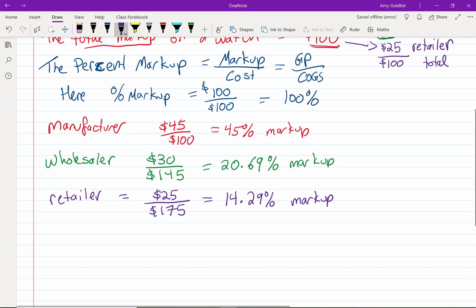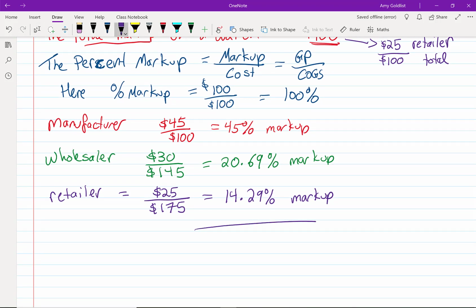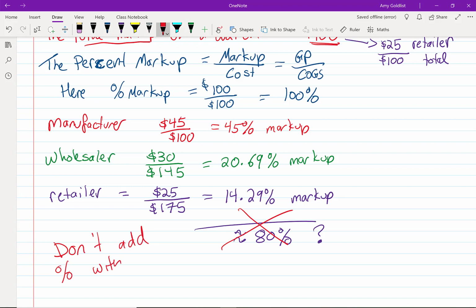What happens when I add these things together? I end up with around 80%. I'm going to cross that out. Don't add these. When you add them together, you end up with nonsense, something that doesn't make a lot of sense.